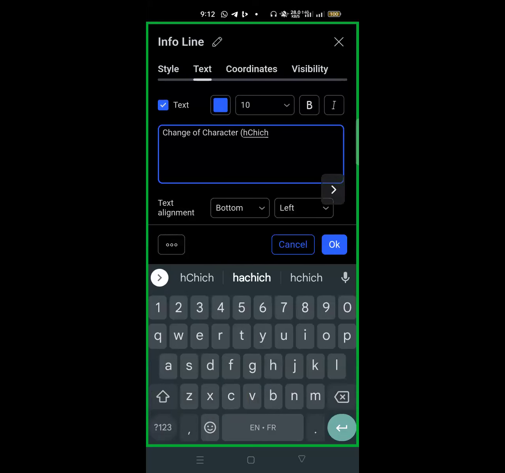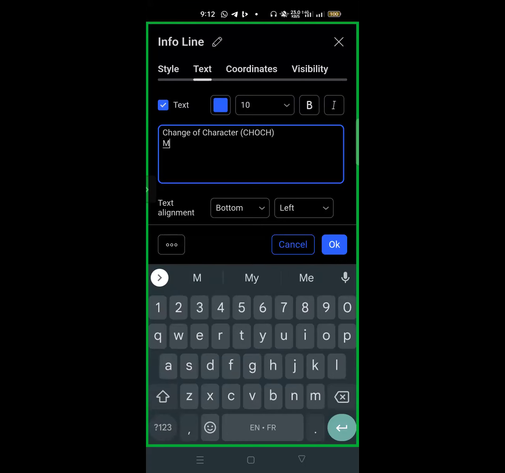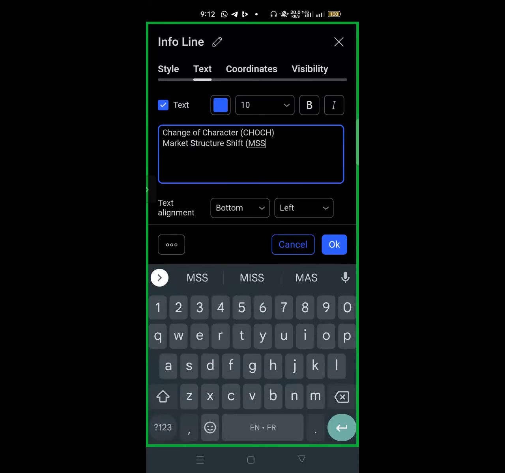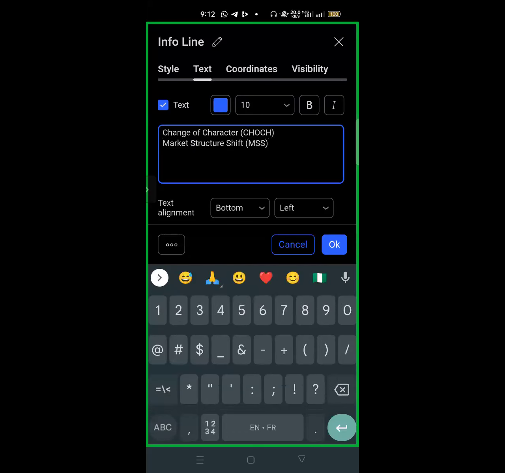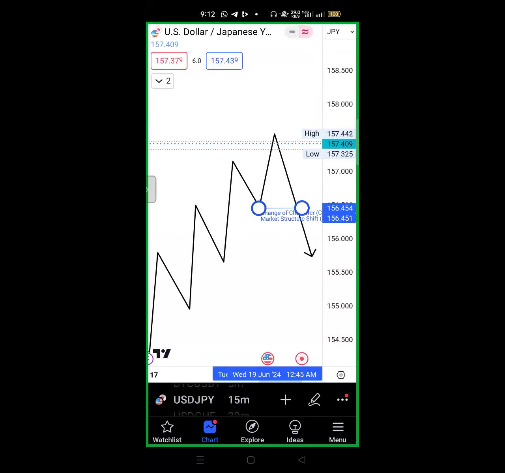Whenever you see CHoCH or MSS, or market structure shift, which we call MSS, this is what they mean. That is what you have here.